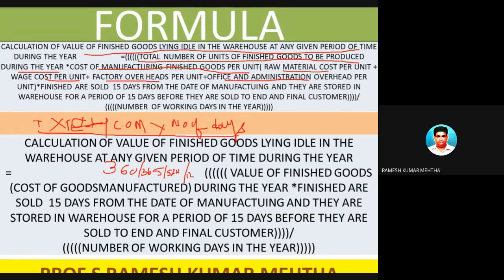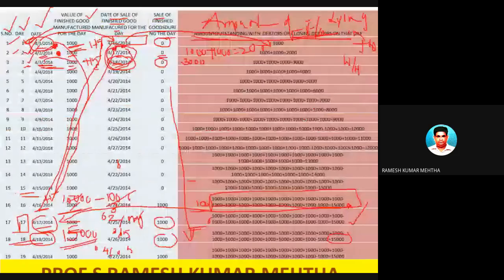So here let's solve the problem. The total number of units which I am going to manufacture during the whole year is 3,600, into the cost of manufacturing the goods. I told you the cost of manufacturing the goods is 100 rupees, as you can see here.